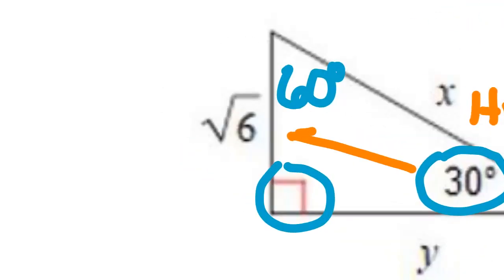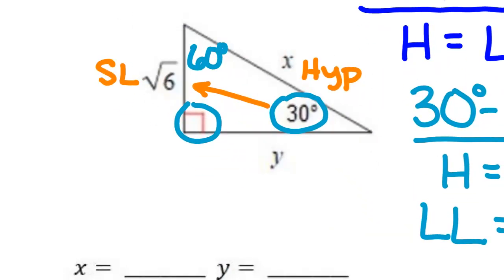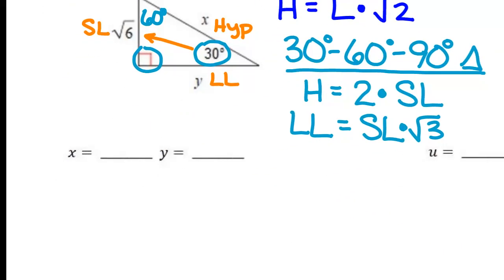Opposite the smallest angle will be the short leg. So opposite the 30-degree angle is my short leg. That means y is the long leg. So it's always the case for the short leg to be the opposite of the smallest angle? The smallest side of a triangle is always across from the smallest angle. Yep. Biggest side of a triangle is always across from the biggest angle.